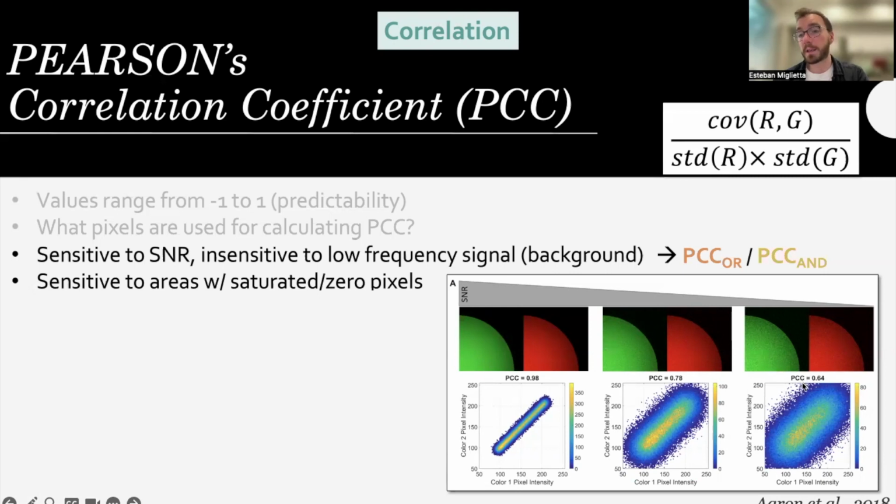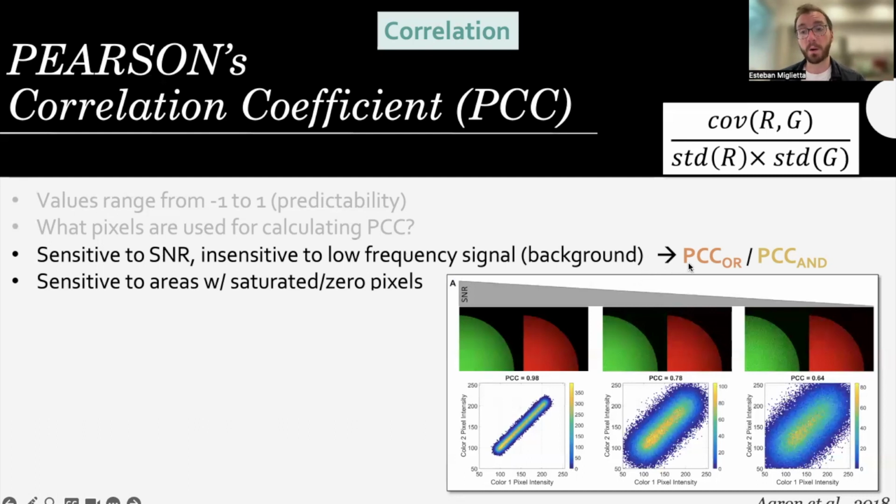And that is kind of expected, because noise is actual random signal. So if there is a relationship and you throw random signal on top of it, that relationship will get sort of messed up.